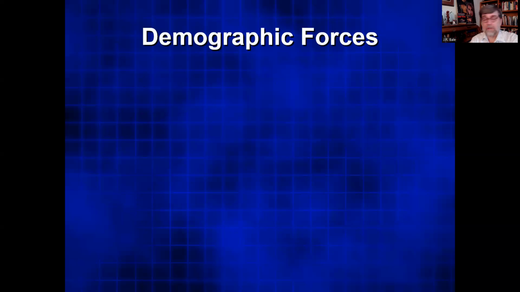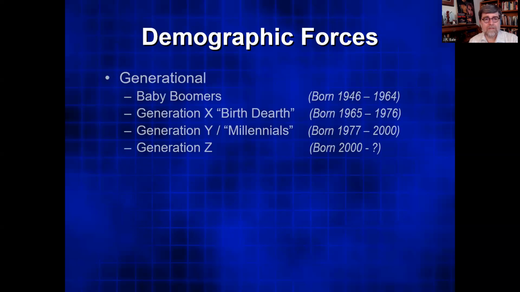So there are also demographic forces, and this is what's happening to the population itself. We have many generations. The only official generation recognized by the Census Department is actually the baby boomers, and the baby boomers were the children of the World War II generation.